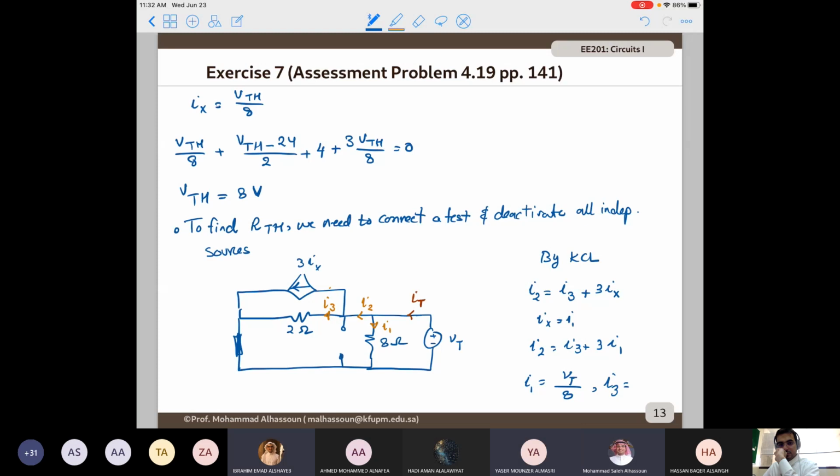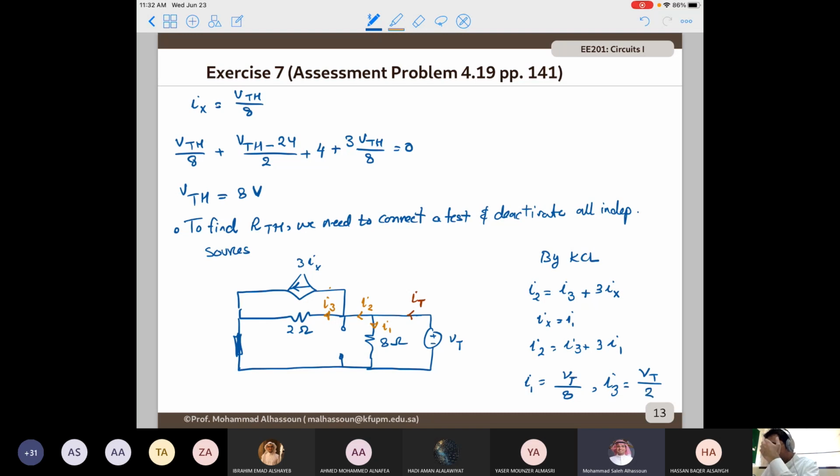VT over 2, I guess. Yes, VT over 2, because the 2 ohm resistor is in parallel with the 8 ohm resistor, and they are both in parallel with the test source.